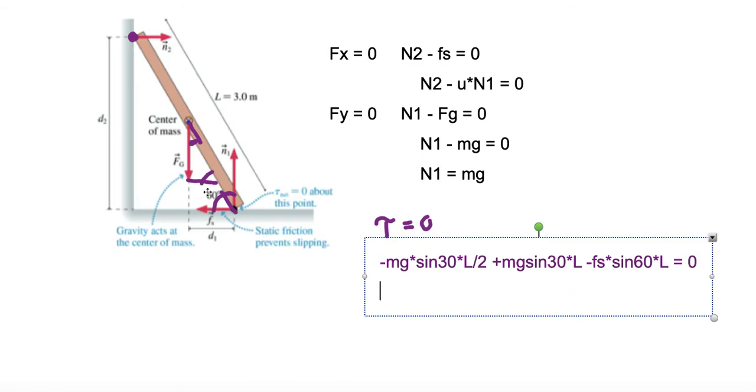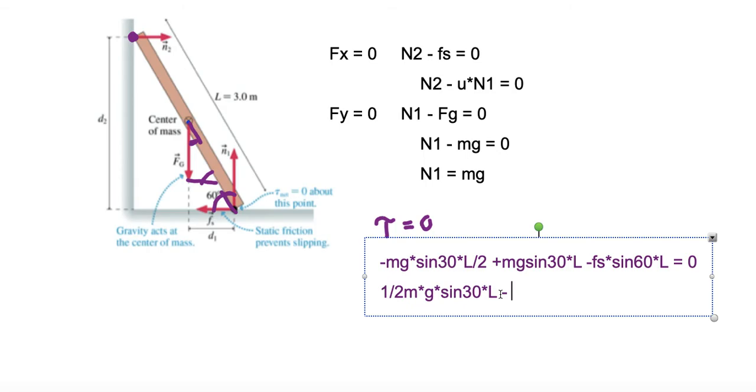Okay, I'm going to simplify this a little bit. I see these first two terms can add up. So we have a negative mg sine of 30 times L over 2, and a positive mg sine of 30 times L. That is going to give us a 1/2 mg sine of 30 times L. I'm going to put little times signs in here so we can see that more clearly.